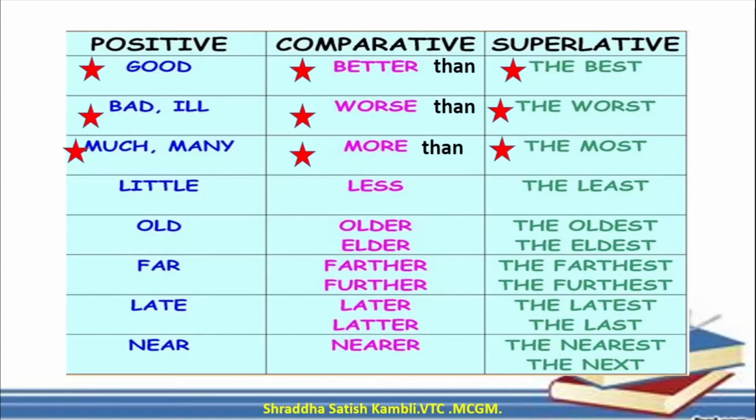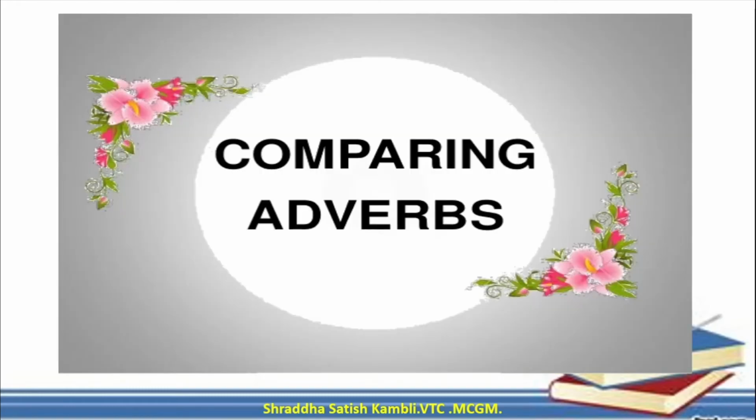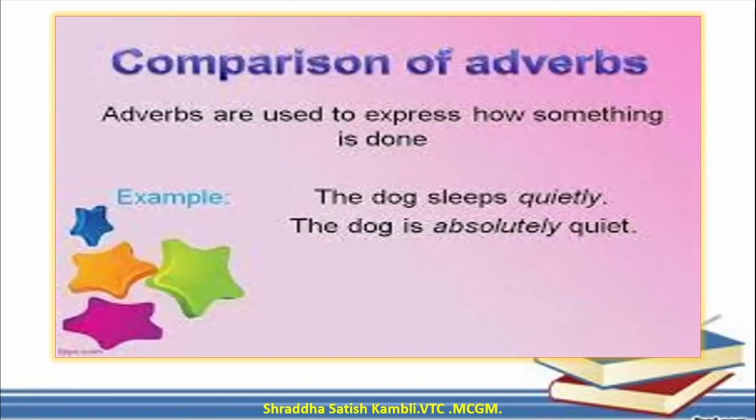Now when we are doing degrees of comparison, and when we know that degrees of comparison has adjectives as well as adverbs as a point to learn, let us quickly now learn about adverbs also. Now it is not very different, okay, there are certain rules which are a little different. So let's take a look at them. So how will you compare adverbs?